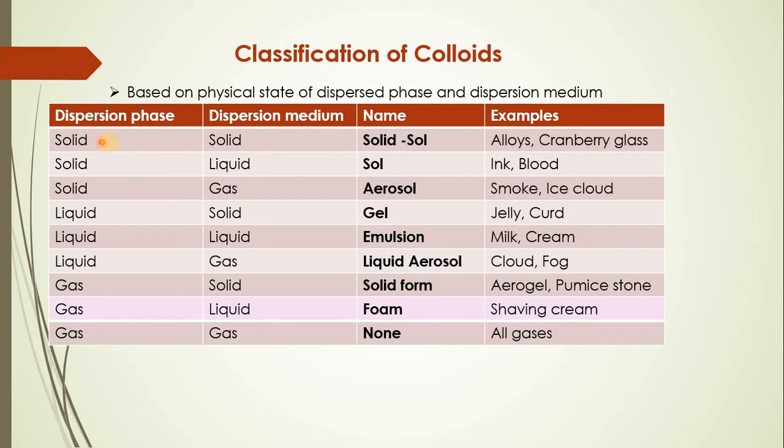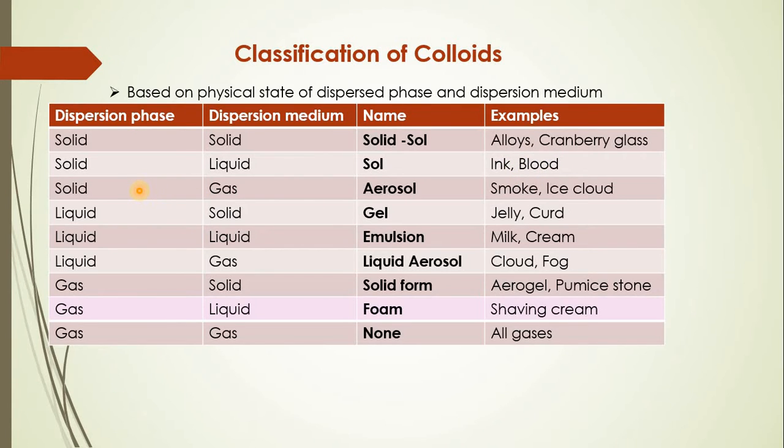If the dispersion phase is solid, and the dispersion medium is also solid, then the colloid we get is called a solid sol. The best example is alloys or cranberry glass. Now the next one, if the dispersion phase is solid, whereas the dispersion medium is liquid, then what we get is the sol, and the best example is ink, and a biological example you can quote is blood.